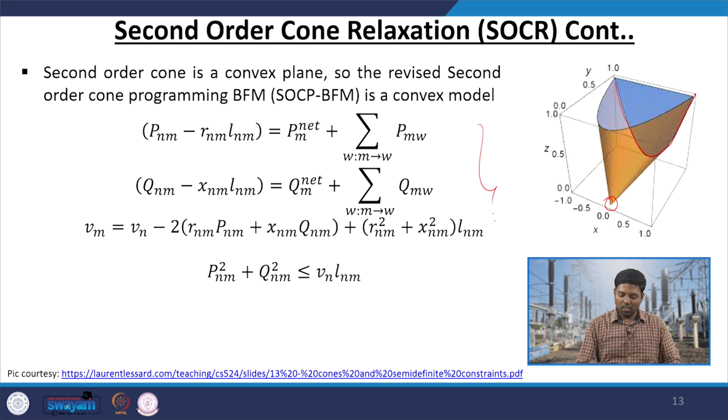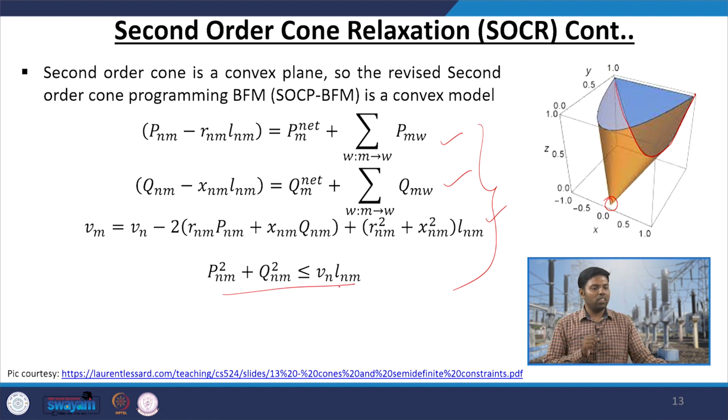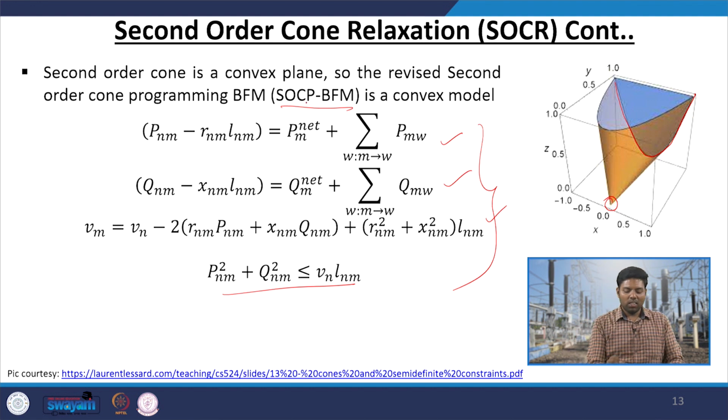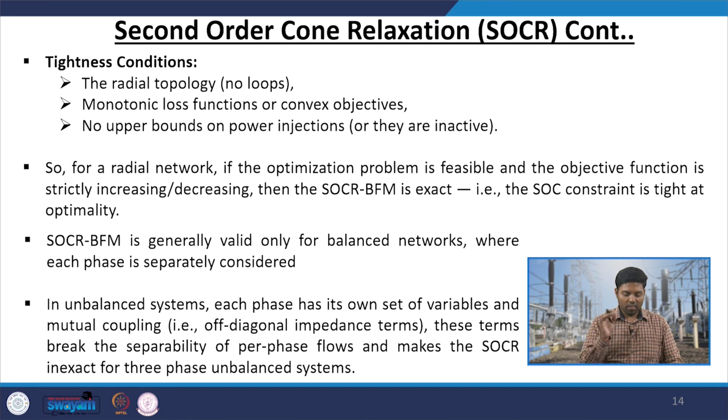So this has been revised like this, where these 3 are your linear equations and the last one is your convex relaxed or second order cone relaxed inequality. So this is called SOCP BFM, that means second order cone programming branch flow model.